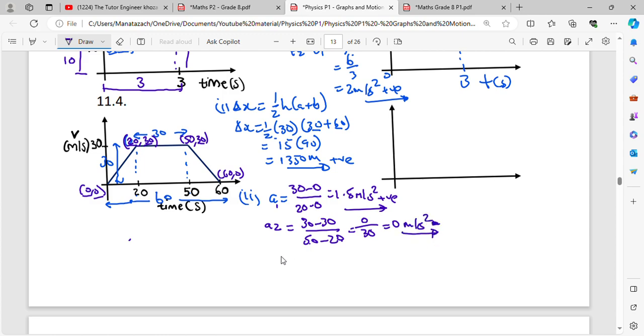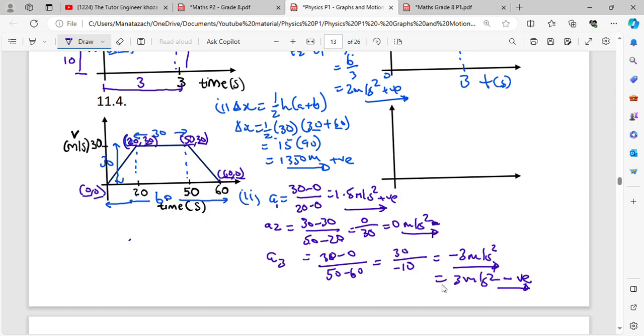Okay, and finally the last acceleration, we will say 30 minus 0 divided by 50 minus 60 will give us 30 divided by minus 10, which is going to be minus 3, or you can just say 3 in the opposite, negative direction.